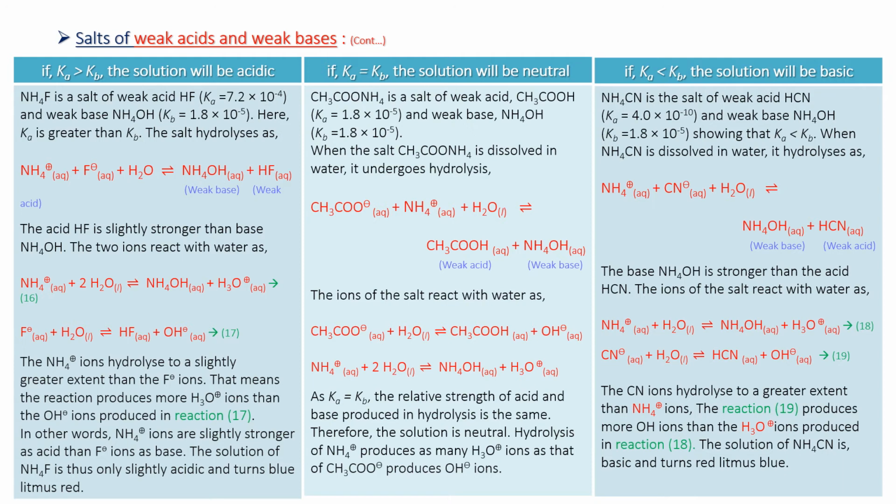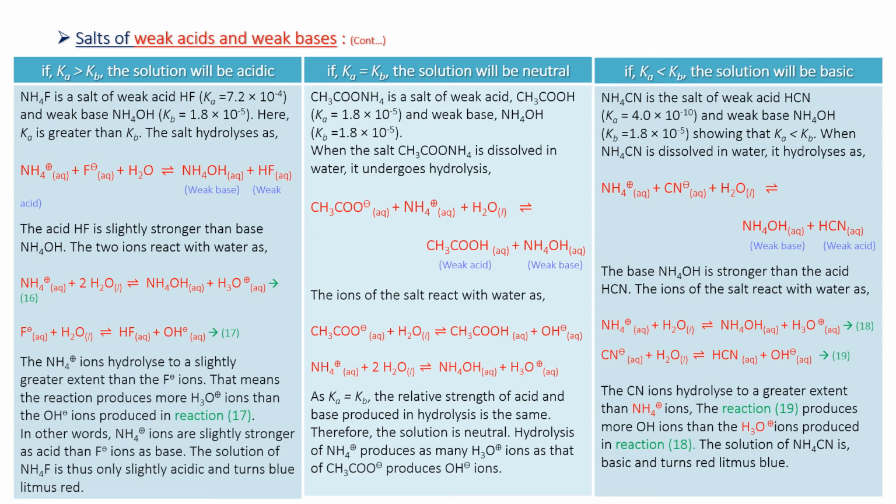So from the values it is clear that Kb is greater than Ka. So in this case, NH4 plus CN minus plus H2O gives you NH4OH and HCN. So NH4 plus reacts with H2O, you get NH4OH plus H3O plus. CN minus reacts with H2O gives you HCN plus OH minus.